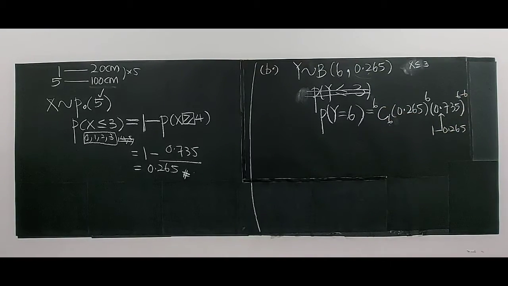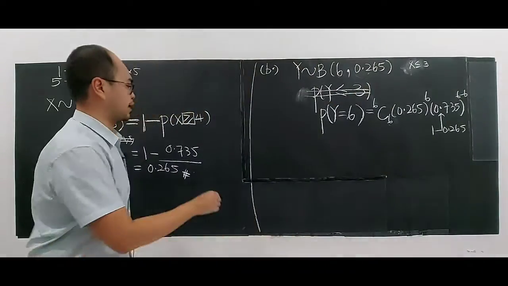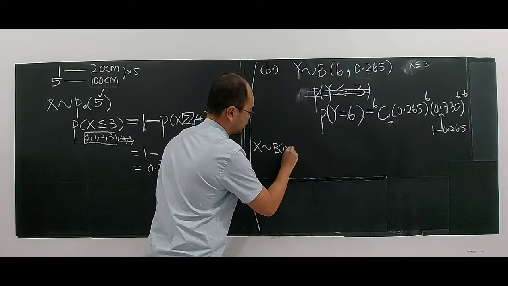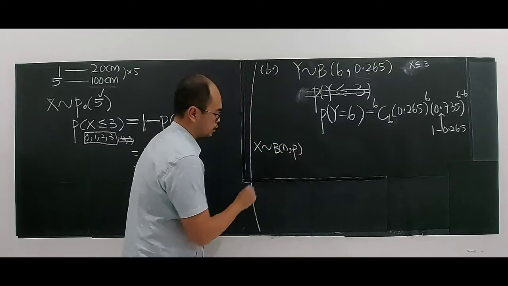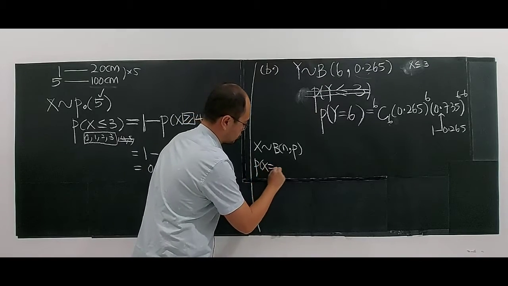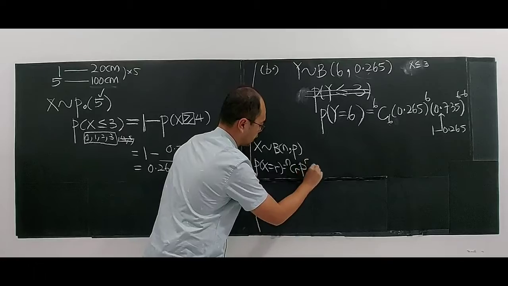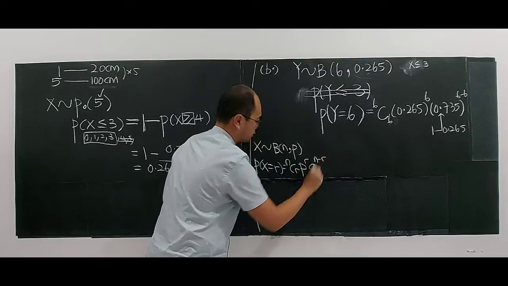So, sir, what is the formula that you're using here? Do you still remember the formula for binomial? The formula for binomial with sample of n and probability of success p. The formula is P(X = r) equals nCr p to the power of r q to the power of n minus r. Right?